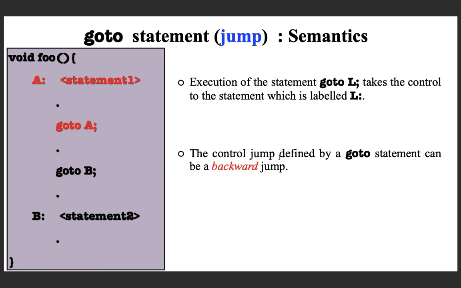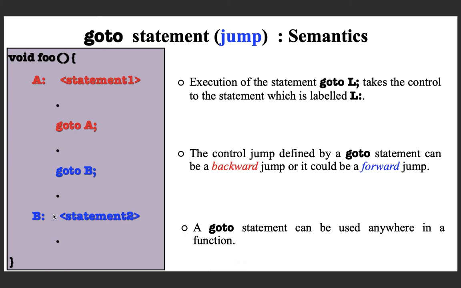The control jump defined by the goto statement can be a backward jump like this. It is a backward jump. So goto A, then semicolon. A colon is this label. So it just goes back. Or it could be a forward jump like in this example. So it's a forward jump.